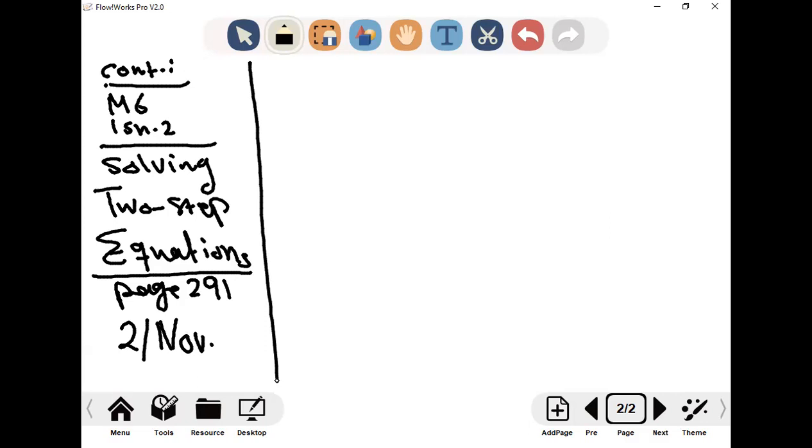Let's remember what we did yesterday. Yesterday we did solving an example: solve the following equation, 2k minus 8 equal minus 2, for example, okay?